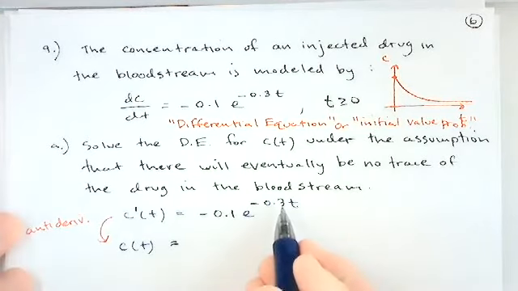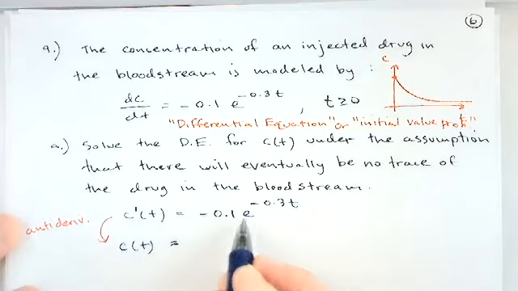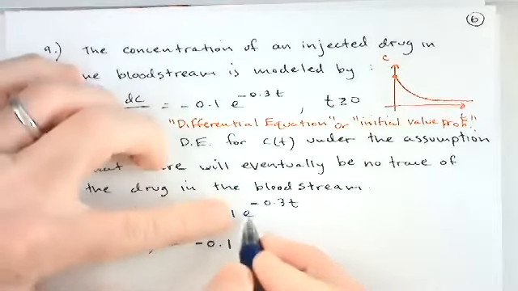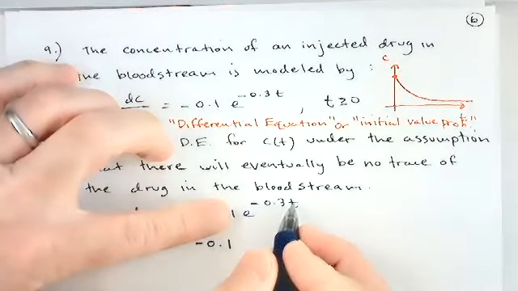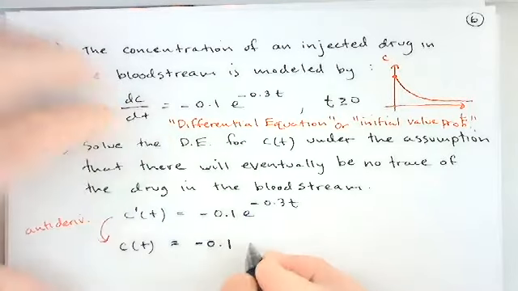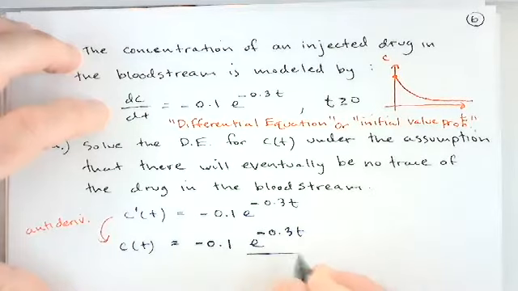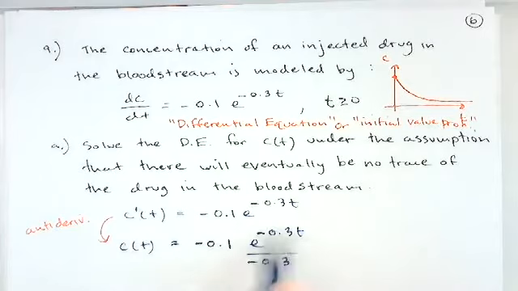Okay, and so using what we've learned here, a constant times my function, the constant just gets to come down for the ride. The antiderivative of e to the constant t, that was one of our practice problems, is going to be e to the constant t divided by that constant.